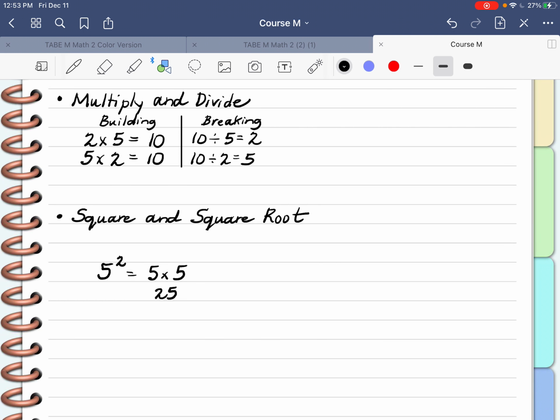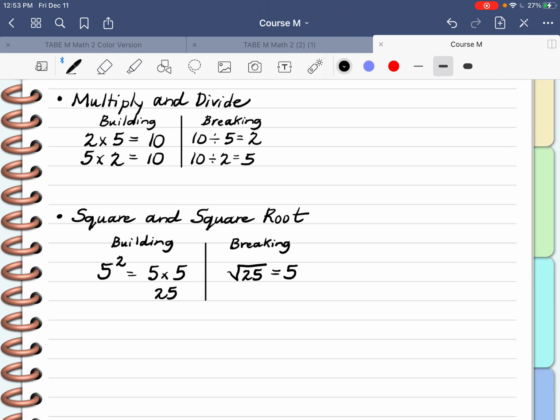That's the building up. The square root of 25 is 5. That's the breaking down. And I am going to do a tutorial in just a minute on the next video about how to do these on the calculator.